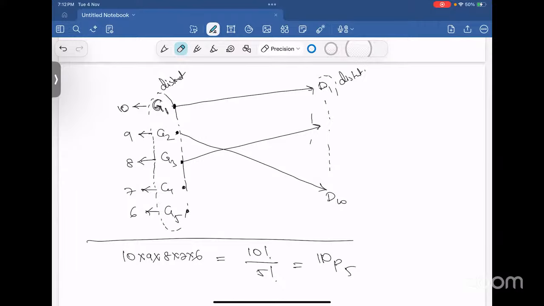Let me read this. Priyanka needs a special code for his bank locker, which can be created with numbers 0 to 9 and the alphabets A, B, C, D, E. He can either select a code of type pattern A or pattern B. Pattern A begins with 3 numbers followed by 2 alphabets with repetitions allowed. The pattern B code begins with 2 alphabets followed by 3 numbers without repetition.